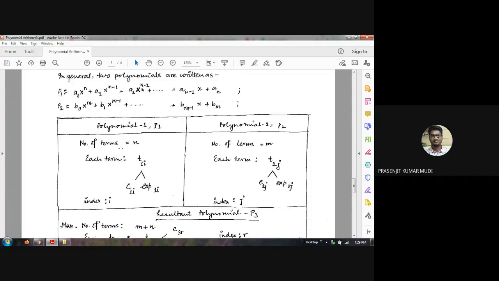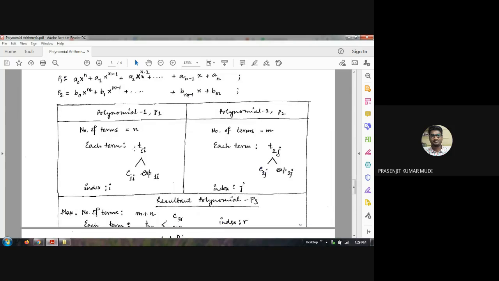Each term of the polynomial is denoted by T1i. T1 stands for a term in the first polynomial, and which term is given by index i. Each term in the second polynomial is denoted by T2j. 2 stands for the second polynomial, T stands for term. Which term of the second polynomial? The jth term, j is the index.